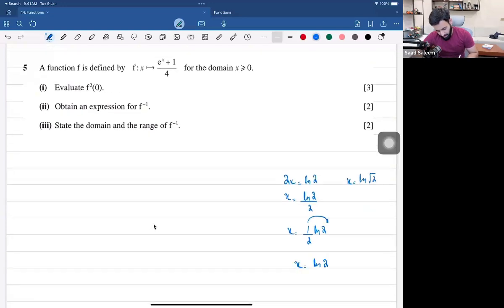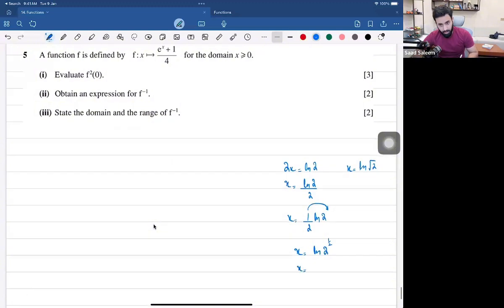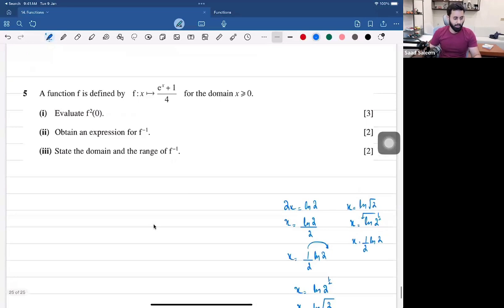So I can rewrite this as ln 2 power half, and 2 power half is basically root 2. And you can also do this in reverse. You can rewrite this as 2 power half, then half gets multiplied. So x is equal to half ln 2. Yes, I hope that answers your question. I don't exactly remember what rule number this is, but I hope it answers your question.